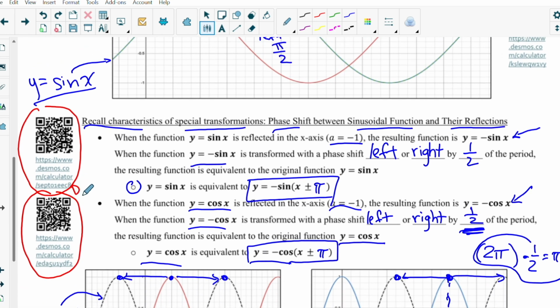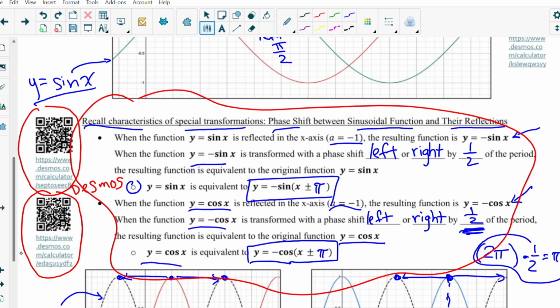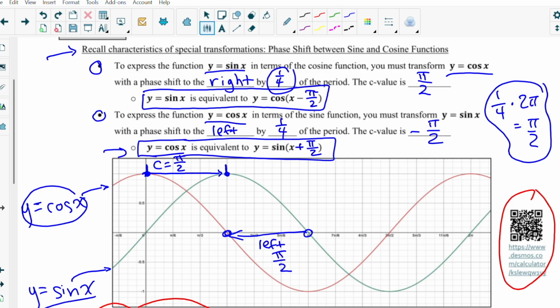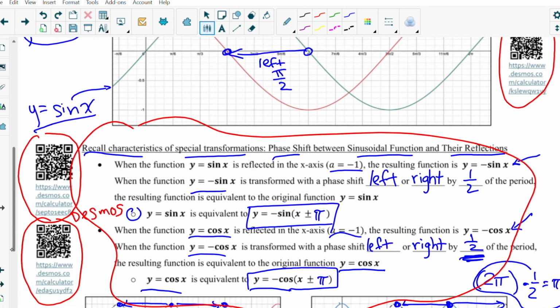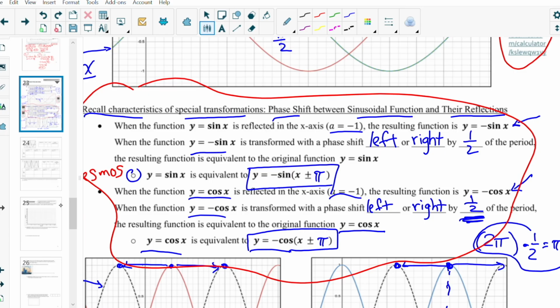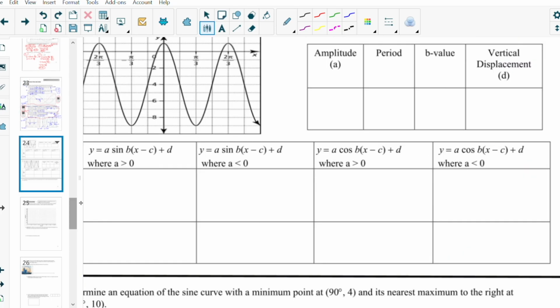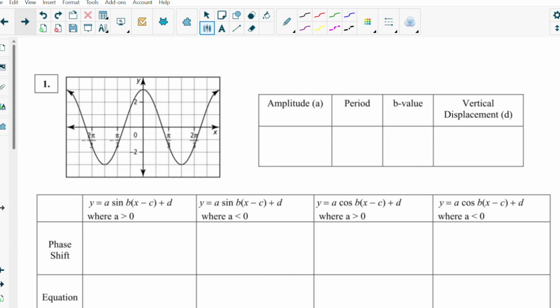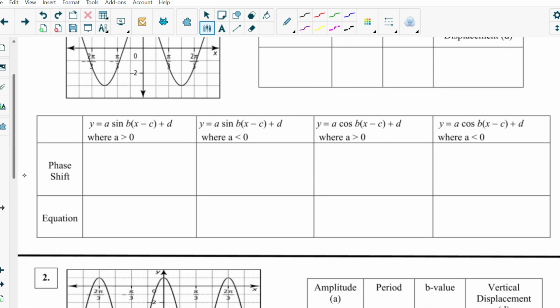Hit these links and revisit all of these relationships. Super, super helpful. You can see the phase shifts happening in real time. Okay, so let's go back here. I'm going to go to this page. Here we are. All right, number 1, folks.